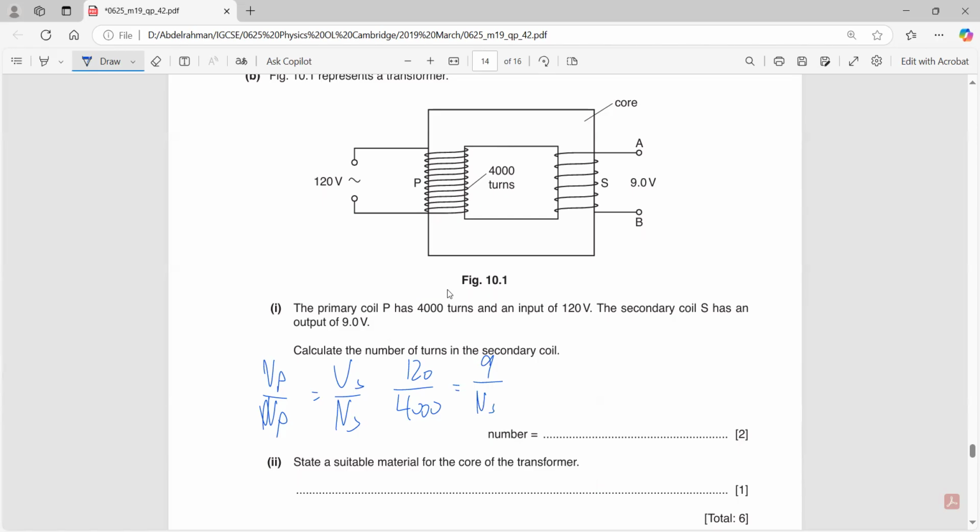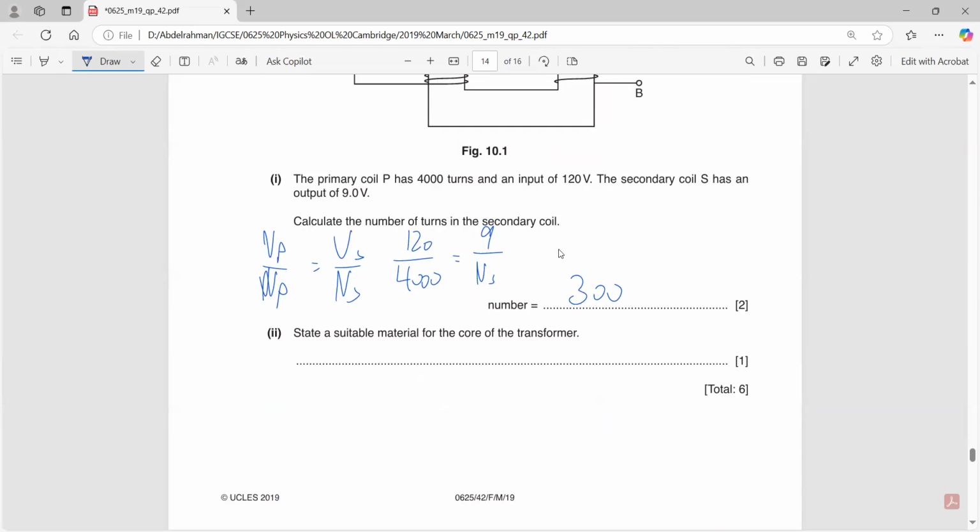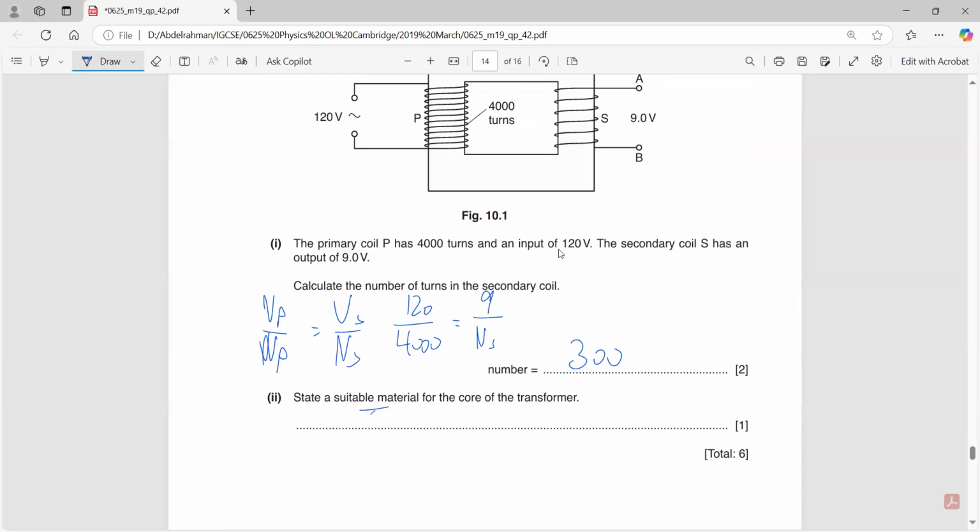Cross multiplication: 4,000 times 9 divided by 120 is 300, so you have 300 turns. A suitable material for the core is iron or soft iron.